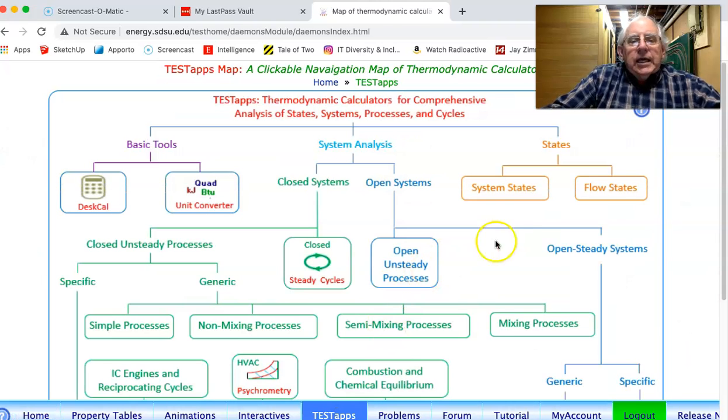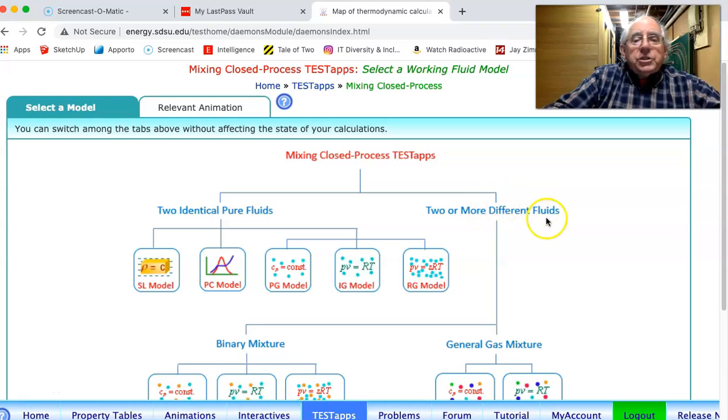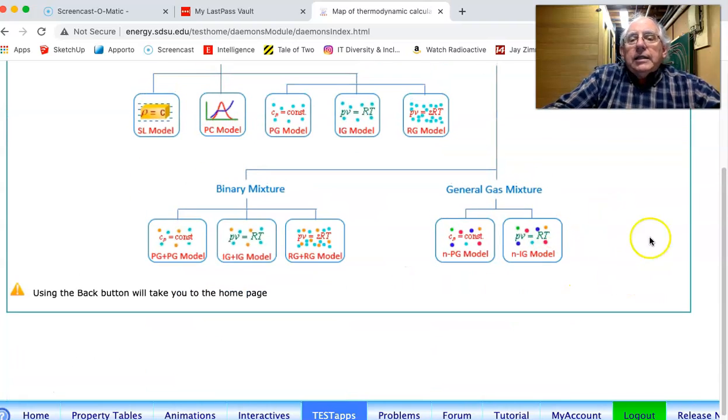This is a closed mixing process, so we'll be selecting the mixing process here under a closed system. We were told that the gases in each of the mixtures will be a general gas mixture of ideal gases.